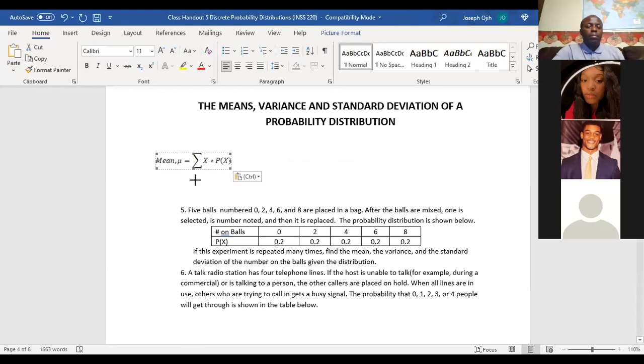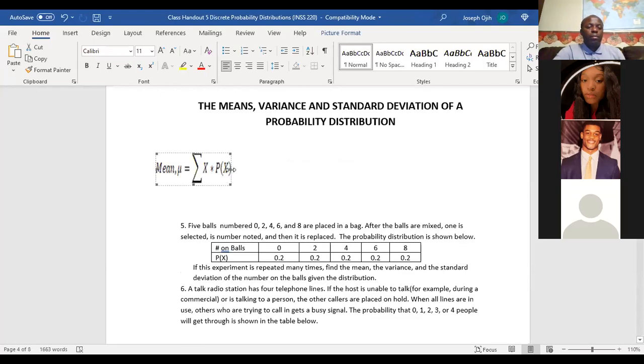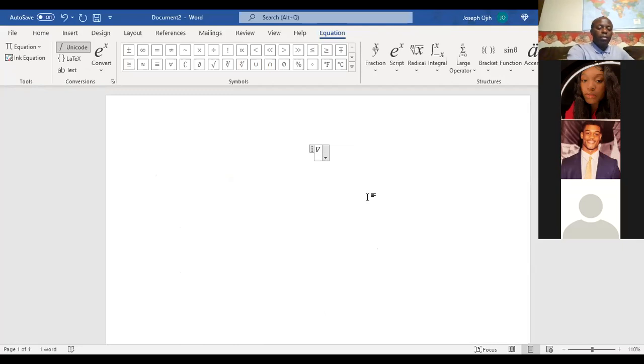You can see right here. Now, for the variance, there are two different methods you can get it, but let me use the shortcut method for variance. Variance, which we use sigma squared to represent.